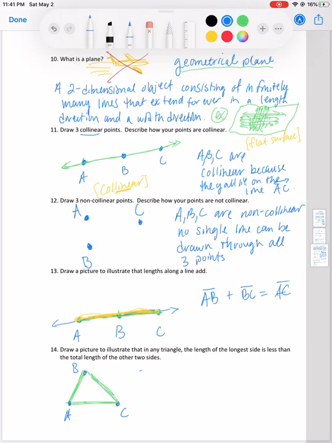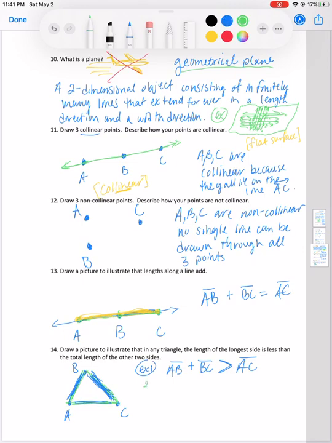Okay, so for example, we have AB plus BC, and that's BC right here, is not equal to anything, but it's greater than. Okay, so we want to show that the 2 sides are greater than the 3rd side. Okay, so we say greater than AC. Okay, so notice that those 2 segments here are bigger than this one.